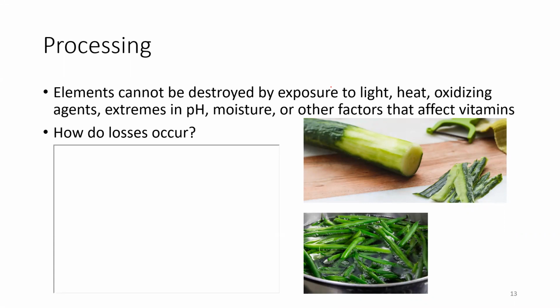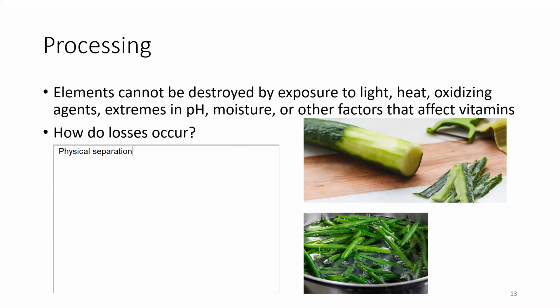So how do losses occur? Well, they occur as a result of the pictures over there. So number one could be physical separation. Like when we peel that cucumber. So if it happens that these elements are concentrated in the skin, if we remove the skin, then we've lost them.